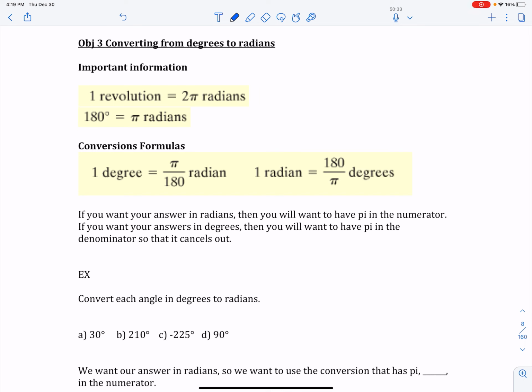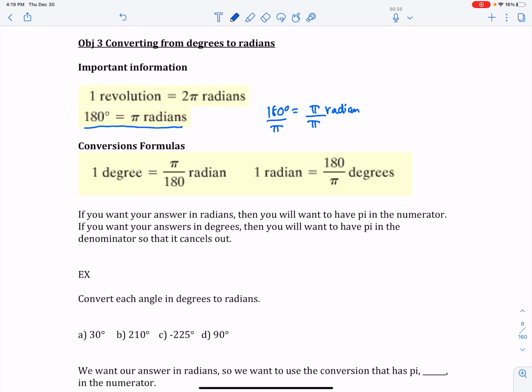So here are the 2 conversion formulas. If you want to go from degrees to radians, you have to know that 1 degree equals pi over 180 radians. Where did I get that? I just take this formula right here, and I get radians by itself. I divide it by pi.